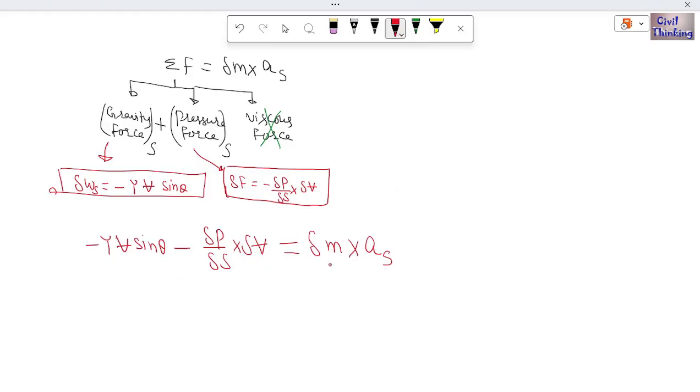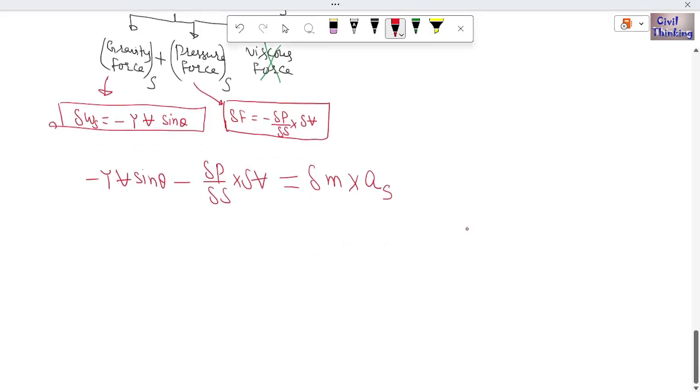What if we convert this mass into something in terms of volume, so that we can cancel the volumes? Newton's law applies irrespective of the volume, whether the volume is small or big, so we don't need this volume element. Why keep this volume here?